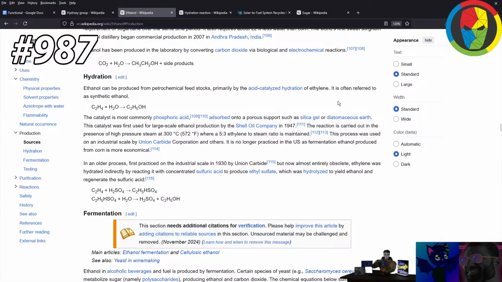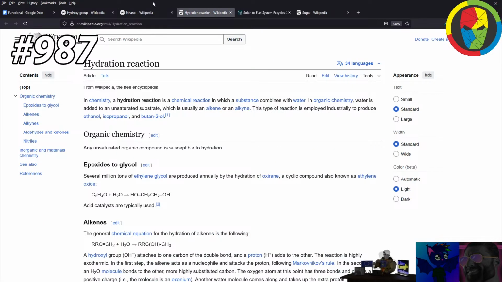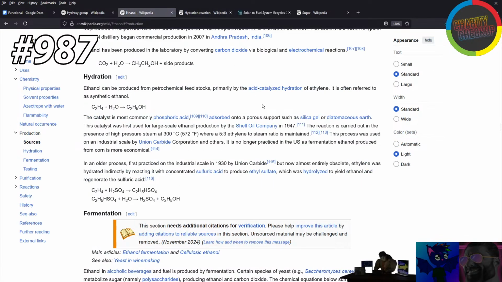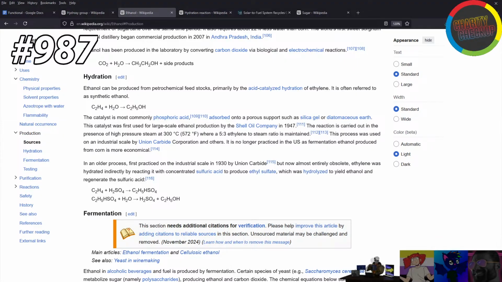Acid catalyzed hydration of ethylene. So acid, water, and ethylene. That's a maybe. It's certainly a maybe.